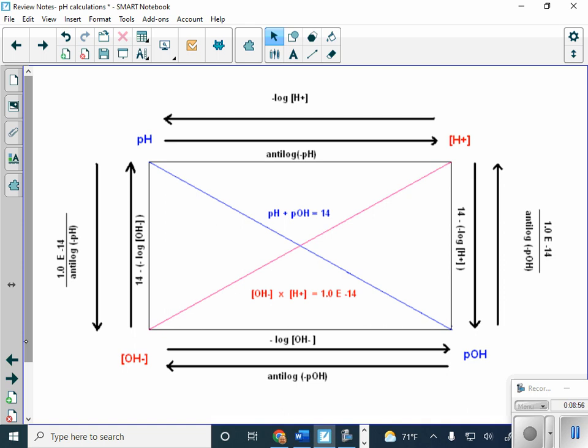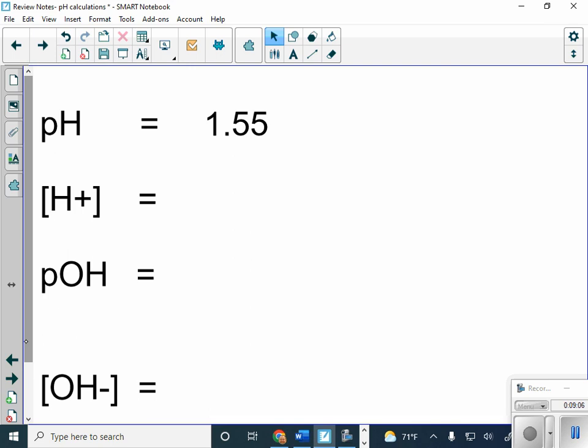So, we're going to use this scale to help us out with our calculations. I want you to copy this into your notebook right now, and then we're going to start answering some of these questions. The first thing I'm going to say is, okay, I have a pH of 1.55.